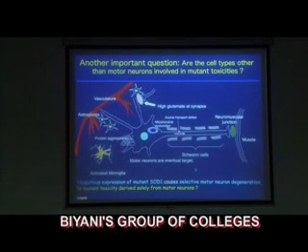So apart from this toxicity problem, we have been focused on other important questions for many years, which is whether cell types other than motor neurons are involved in mutant toxicities.